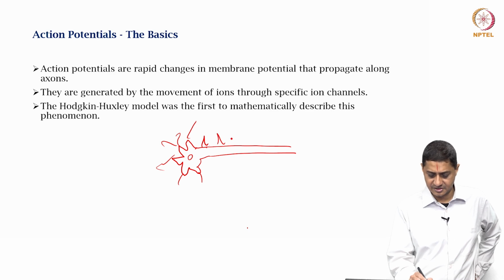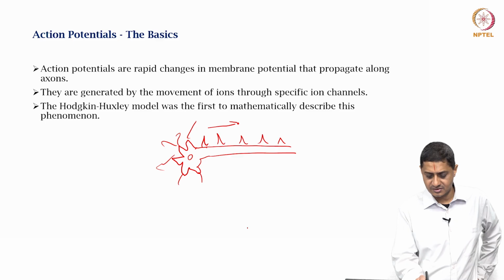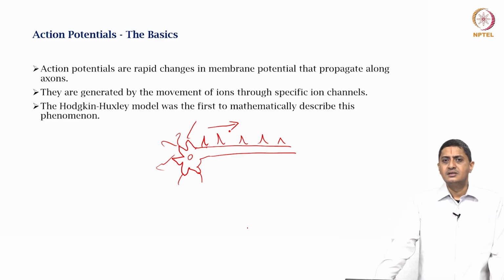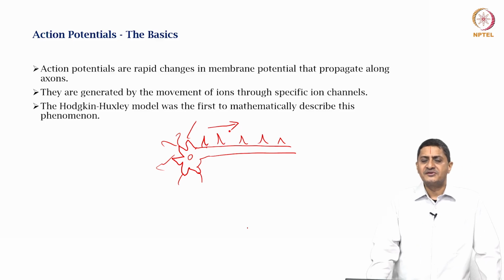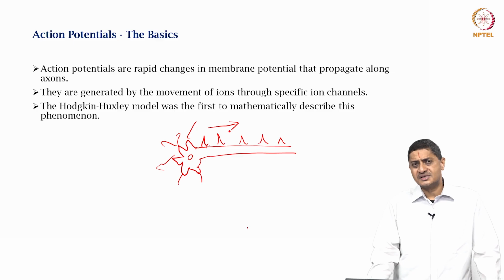After some time, another action potential here, another action potential there, leading to this unidirectional communication. The details of how this happens I have presented in my other set of videos. Please do watch those.